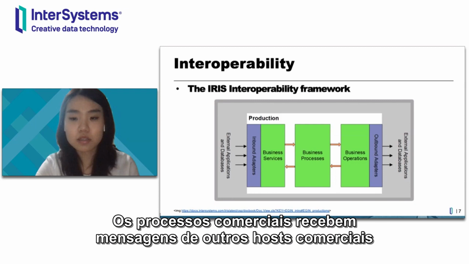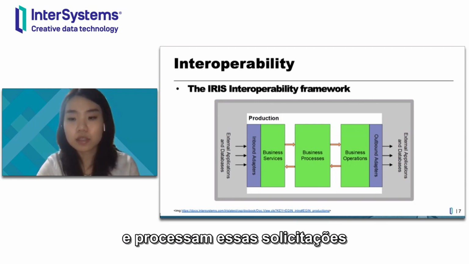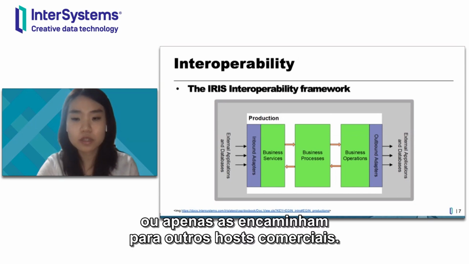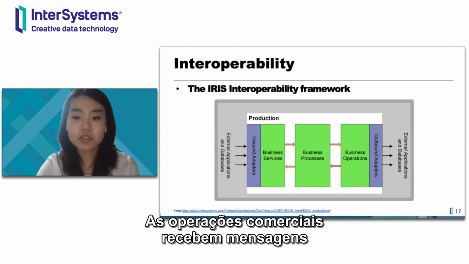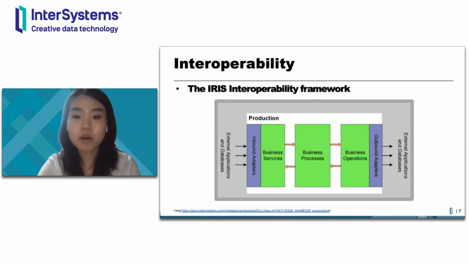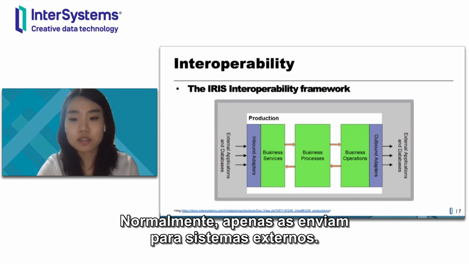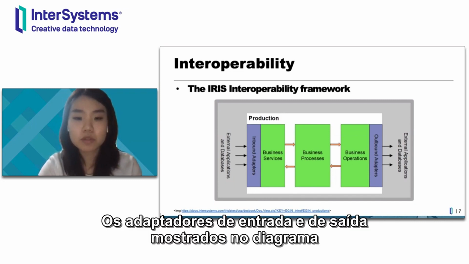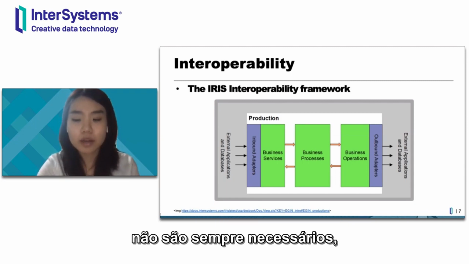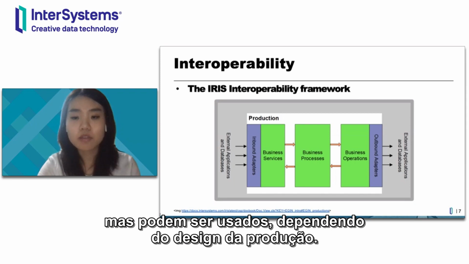The business processes receive messages from other business hosts and either process these requests or just forward them to other business hosts. The business operations receive messages from other business hosts in the production and typically just send them to the external systems. The inbound adapters and the outbound adapters here in the diagram are not necessarily required, but can be used based on the design of the production.